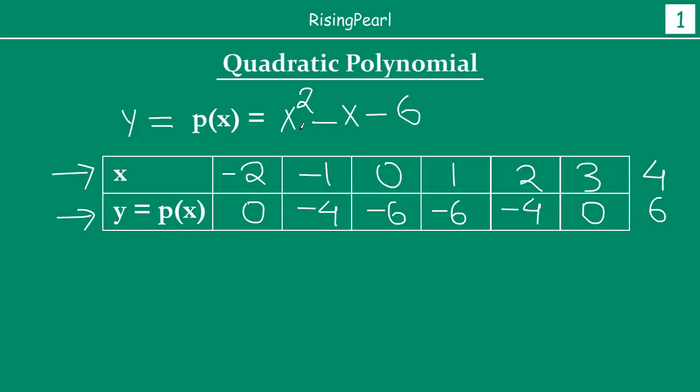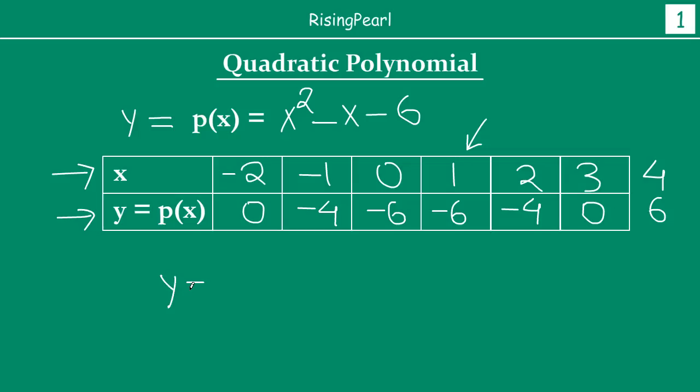The reason I took the same polynomial as the last webisode is just that I can get these values quickly drawn out, so I don't have to find each of these values. But just from a completion standpoint, for example, for x equals 1, what is the value of p(x)?